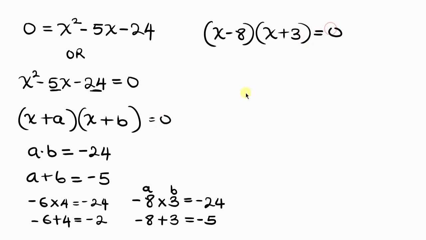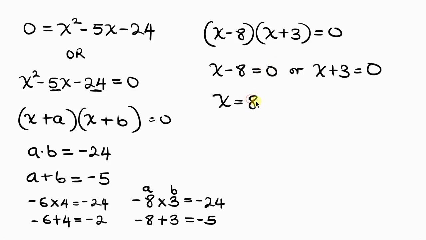Very good. So we have two factors. We have x minus 8 equal to 0, or the other case, x plus 3 equal to 0. Going for the first case, the value of x will be equal to, when I move negative 8 to the right-hand side, it becomes positive 8.